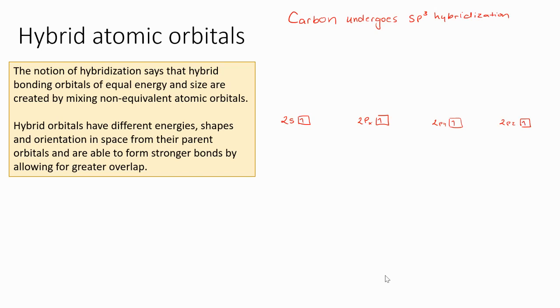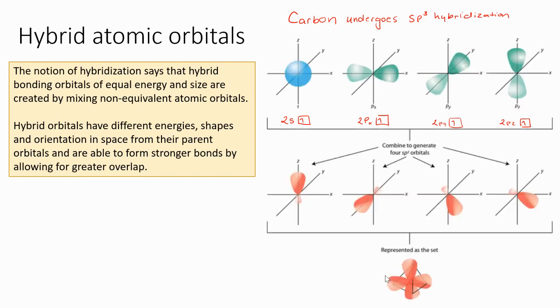Now, carbon undergoes sp3 hybridization. And remember, the four orbitals we have ready for bonding are the 2s orbital and then the three 2p orbitals, x, y, and z. Now, if we take those four orbitals and merge them, we can create four sp3 orbitals, and they are exactly the same, and those are the orbitals that are used to form the tetrahedral shape we saw on the previous page.